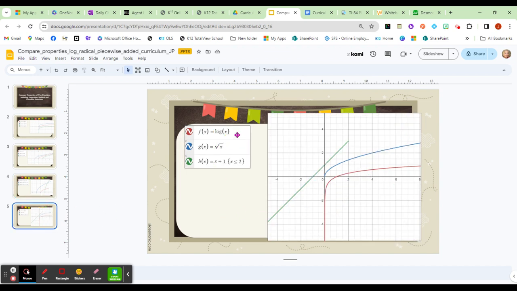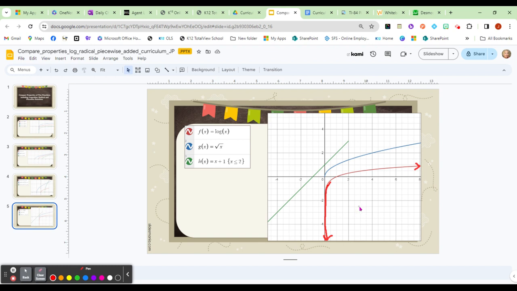And then my last slide, I think I've just put all three. So I have a log function, I have a square root function, and then I have a piecewise function. I have a piece of a linear graph. So if we look at our log function, it's the red function. If we look at some of its properties, it continues on the right, it bends towards the vertical asymptote, and then it continues to go down without touching that vertical asymptote, even though it looks like it is.